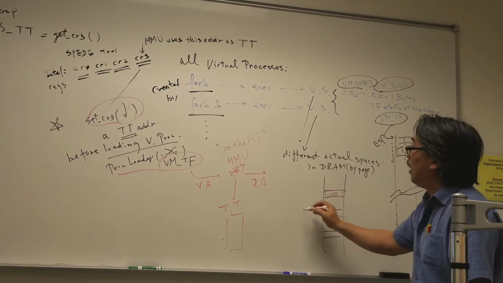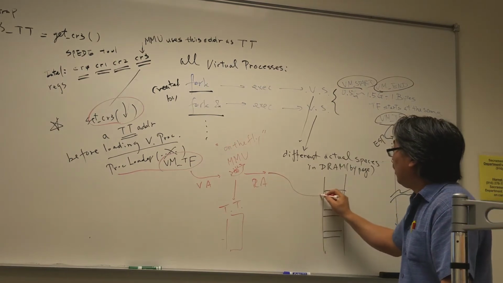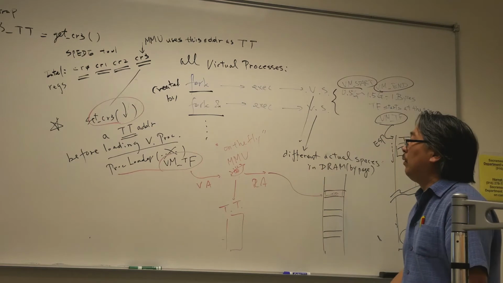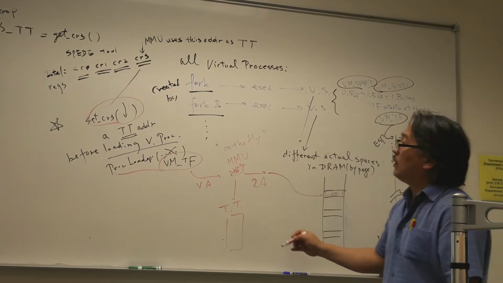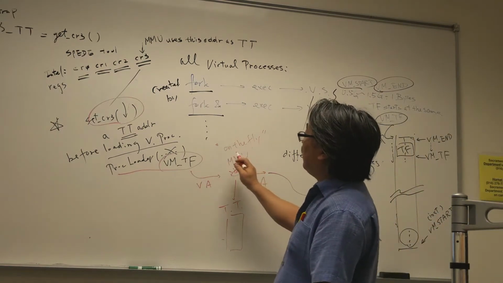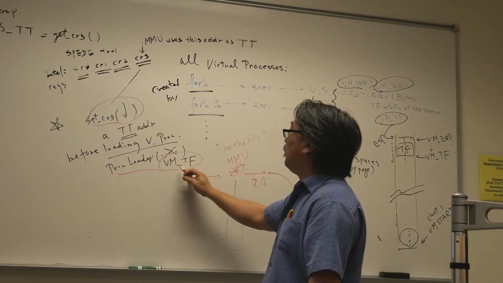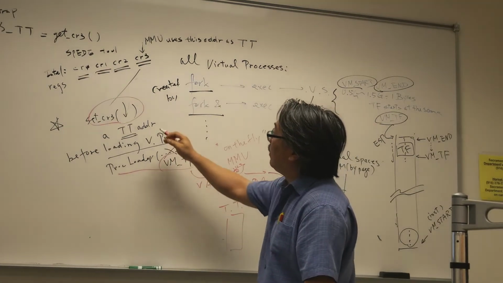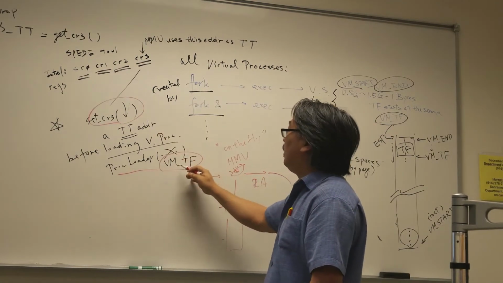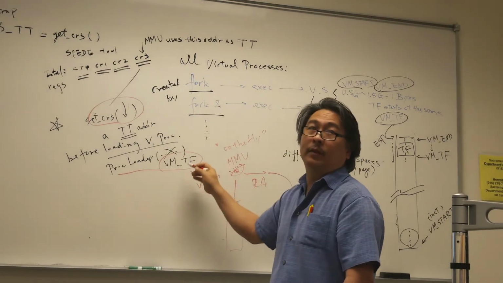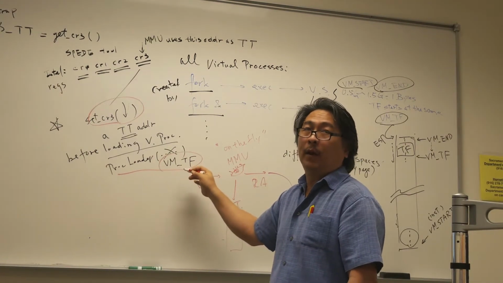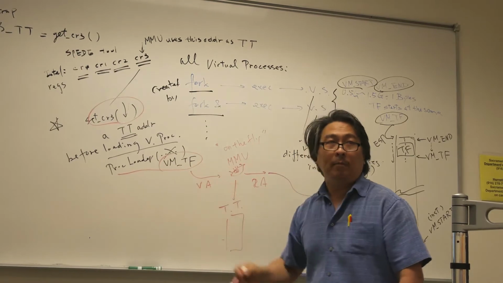Of course, but it has to have the MMU translate on the fly. So we're going to set up the MMU and then we start to load. Then this can be translated. If you didn't set up the CR3, this would cause a segmentation violation, because it cannot find that big address.